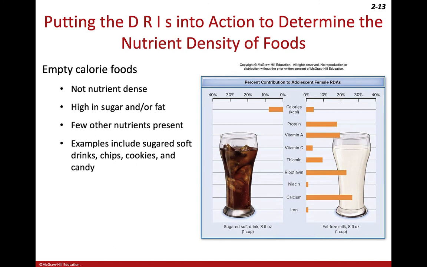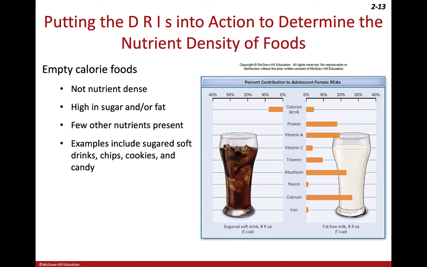Now, this is probably a concept that I really want to reinforce. And what we're looking at is nutrient density. A big issue when we look at weight loss and obesity in the United States really boils down to empty calories. When we talk about empty calories, they basically have no nutrient value.